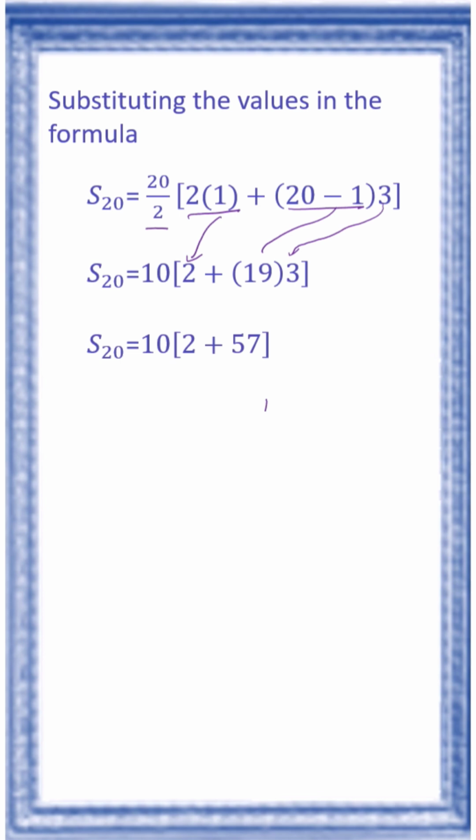So S20 is equal to 10 into (2 plus 19 into 3, which is 57). S20 is 10 into (57 plus 2 is 59). So S20 is 590. So the sum of the first 20 terms is 590.